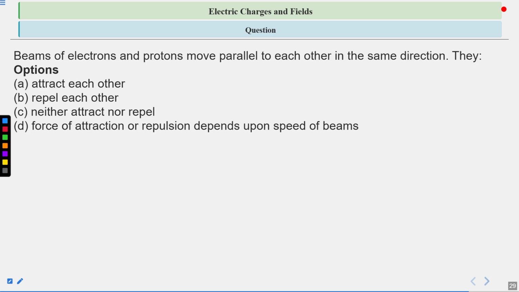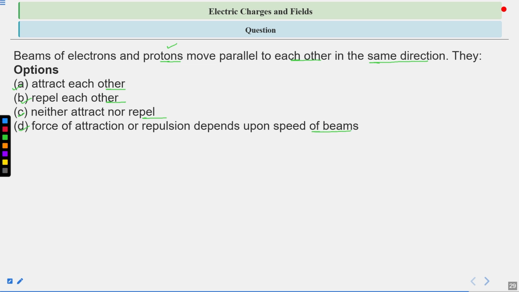Beams of electrons and protons move parallel to each other. Listen carefully. Beams of electrons and protons move parallel to each other in the same direction. They: option A, attract each other; option B, repel each other; option C, neither attract nor repel; and option D, the force of attraction or repulsion depends upon the speed of the beams.